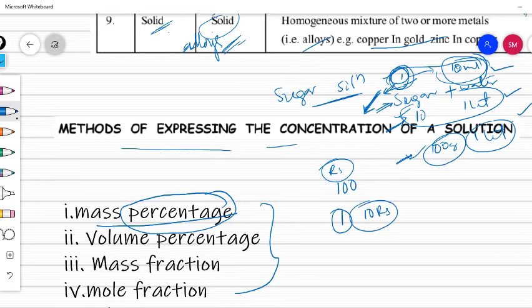If I add this, it's going to become 100. So my friend's money is 10 rupees and my money is 90 rupees. If I consider the percentage, my percentage will be 90, and my friend's percentage in this money is 10%.